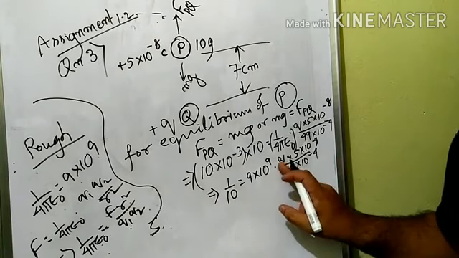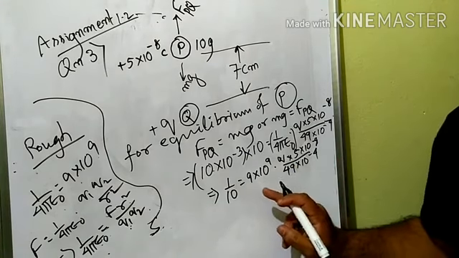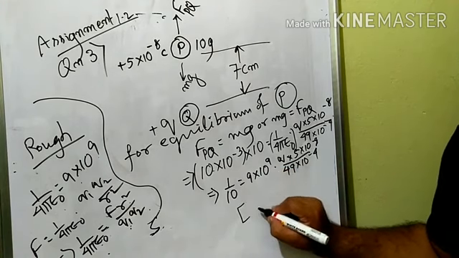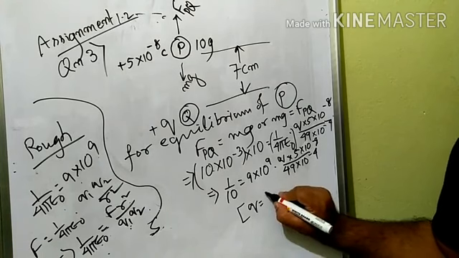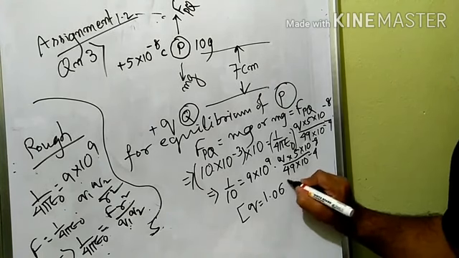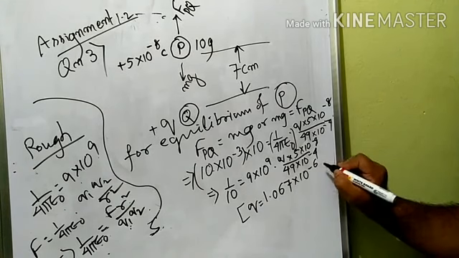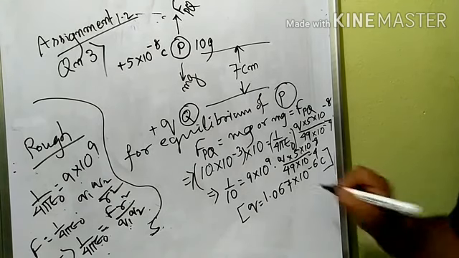So in this question only q is there, q we can find out, and that you will do at home. The final answer q comes to be 1.067 into 10 to the power minus 6 Coulomb.